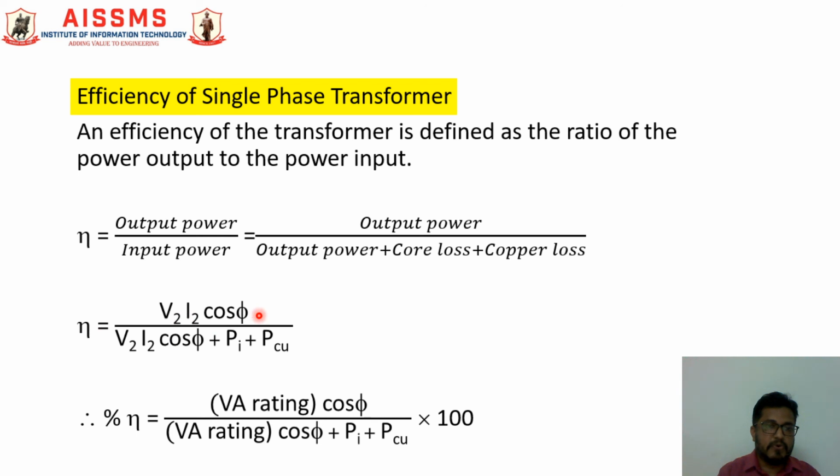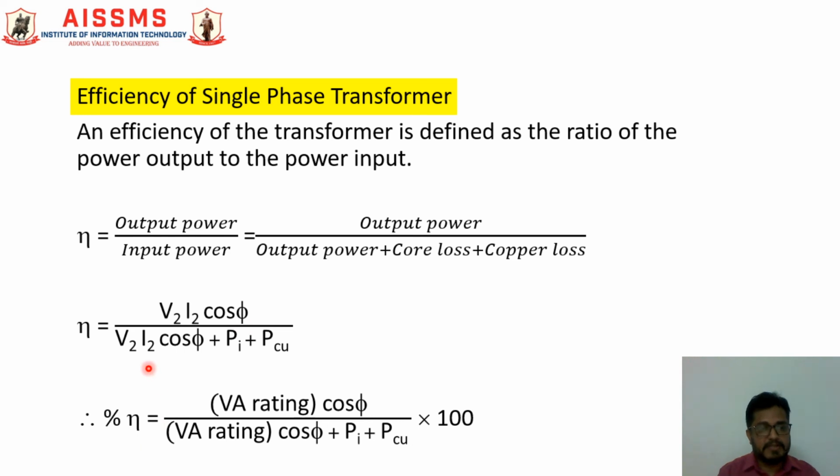Here V2I2 cos phi is nothing but the output power, V2 is the terminal voltage, I2 is the load current, and cos phi is the power factor. Pi is nothing but total core loss in single phase transformer, and PCU is nothing but total copper loss in single phase transformer.